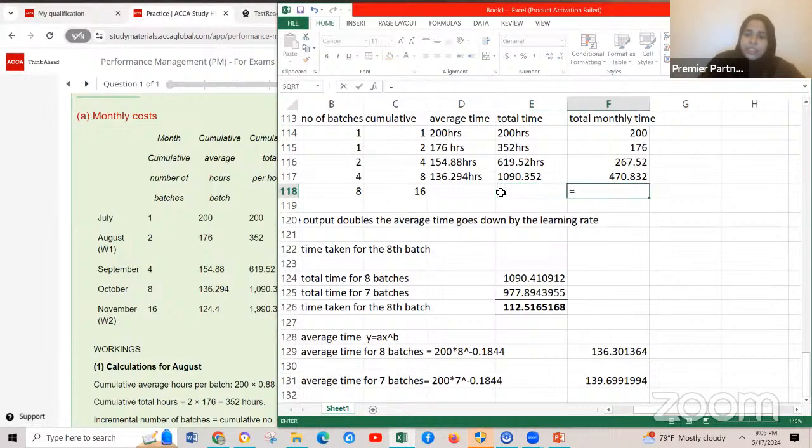For this, there's 112.5165168. It's from the ninth batch onwards. So 8 batches. This is the total time you're going to be taking. Meaning average time will be that divided by 8, right?